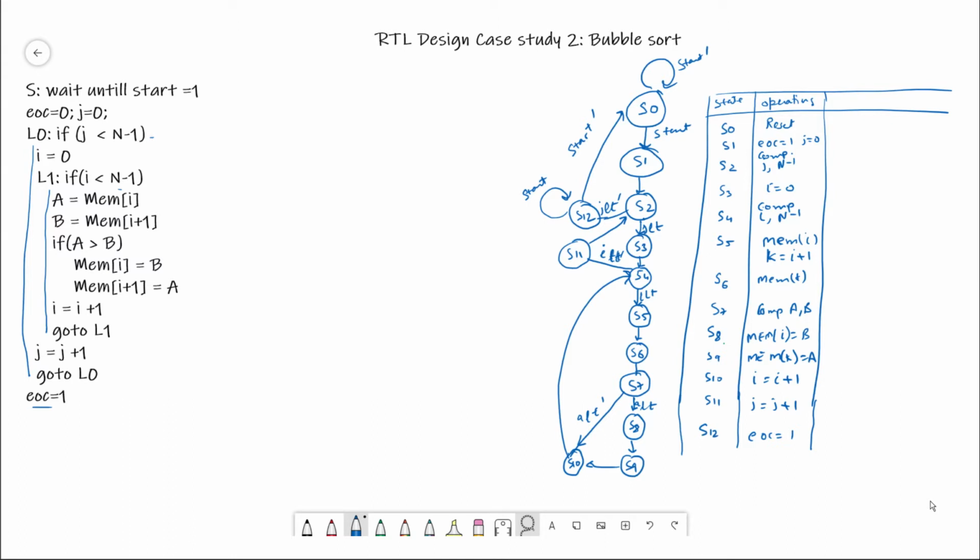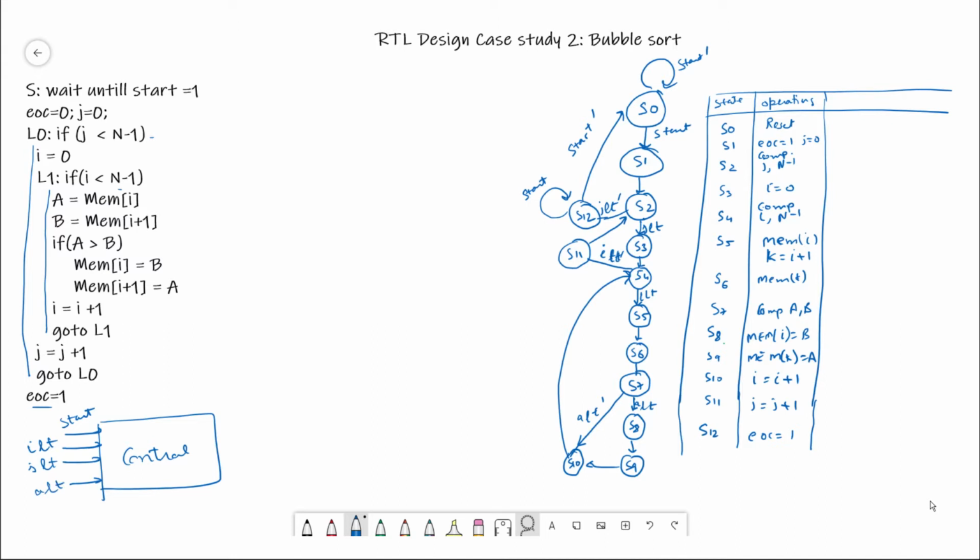And from this state machine, what we understood is the information which is required as input to this state machine. Let's say these are my control signals. For control, one of the signals is start, another is ILT, another is JLT, and the third is ALT.